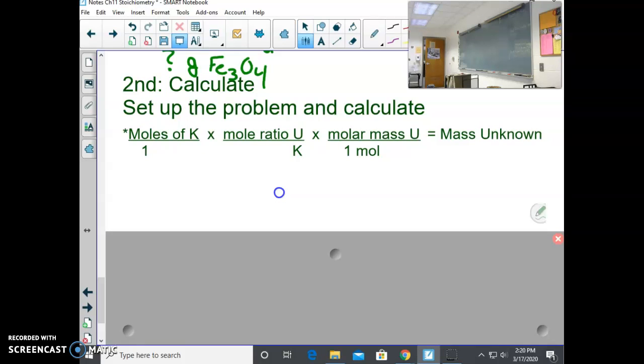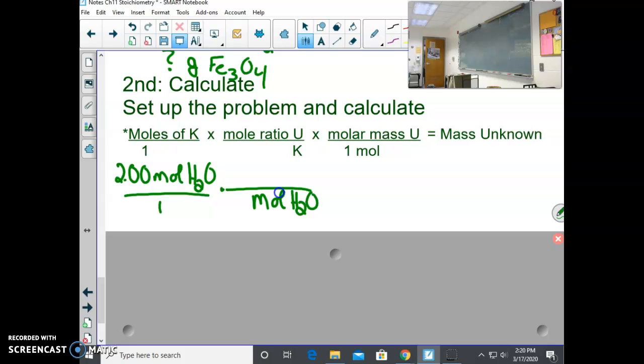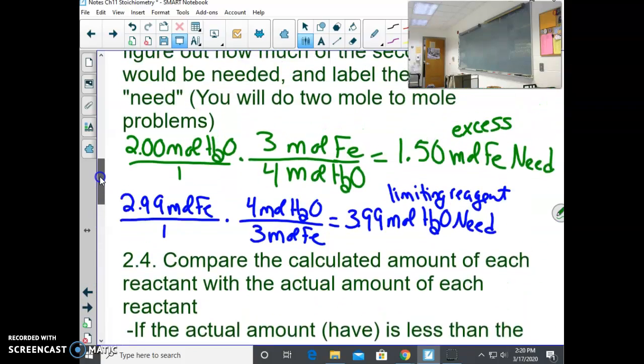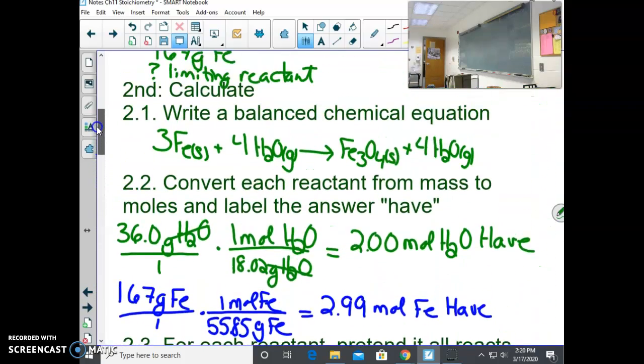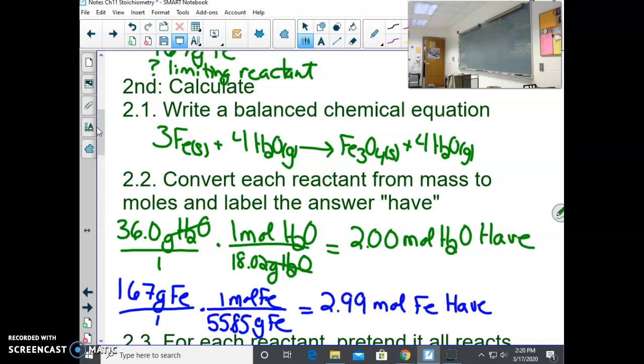So we know that we have 2.00 moles of water over 1 times our mole ratio of moles of water over moles of black iron oxide, Fe3O4, and we get that from our balanced chemical equation, which is way up here, and that's going to be 4 moles of water and 1 mole of black iron oxide.